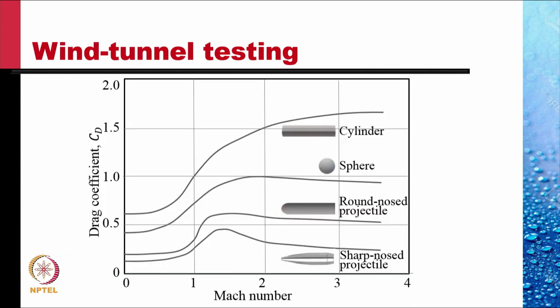There's more to it. If we study the drag coefficients of different bodies and how they change with Mach number, we see curves like this for a cylinder, for a sphere, for a round-nosed projectile and for a sharp-nosed projectile. The important thing to note is this region where the drag coefficient is quite independent of the Mach number.